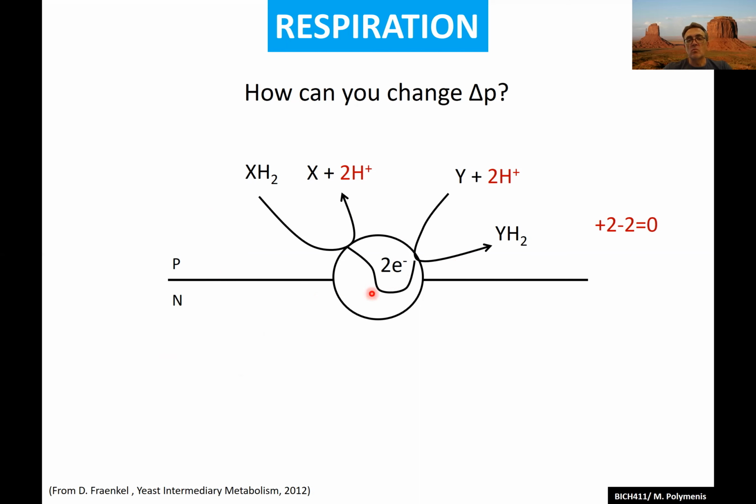The answer is no. You put them on the same side, as I have shown them, both on the P side, and the net change: from the first reaction you get 2 protons, but then you consume those 2 protons in the next reaction, so you end up with 0, right? So if you have arranged your redox reactions in this way, you get 0 proton motive force. Okay, so that's not a good scenario, obviously.